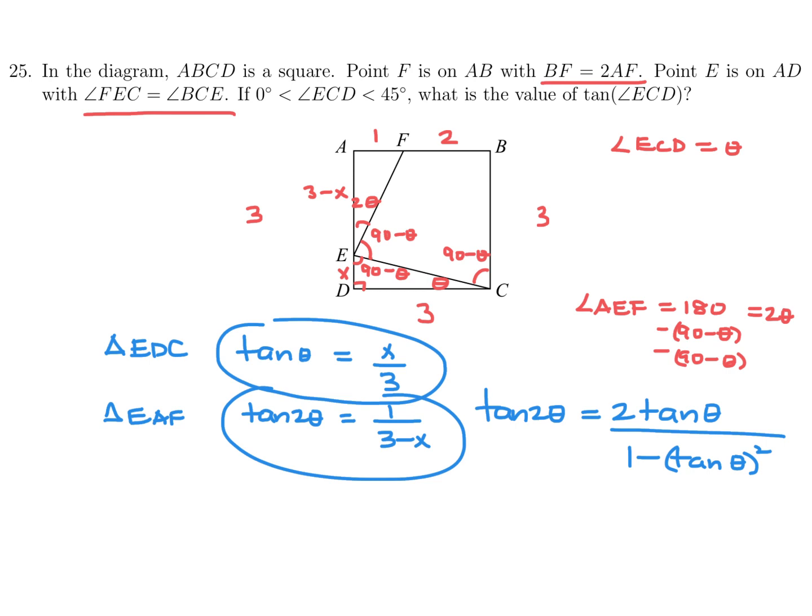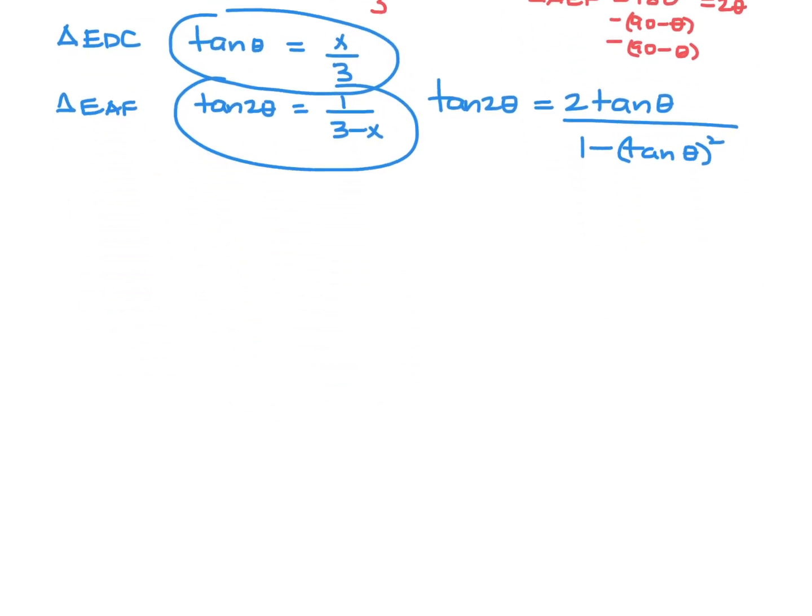And then once I figure out x, I should be able to figure out the value of tan theta. Okay, so let's do that. So tan 2 theta, which is 2 over 3 minus x, is the same as 2x over 3 all over 1 minus x over 3 all squared.